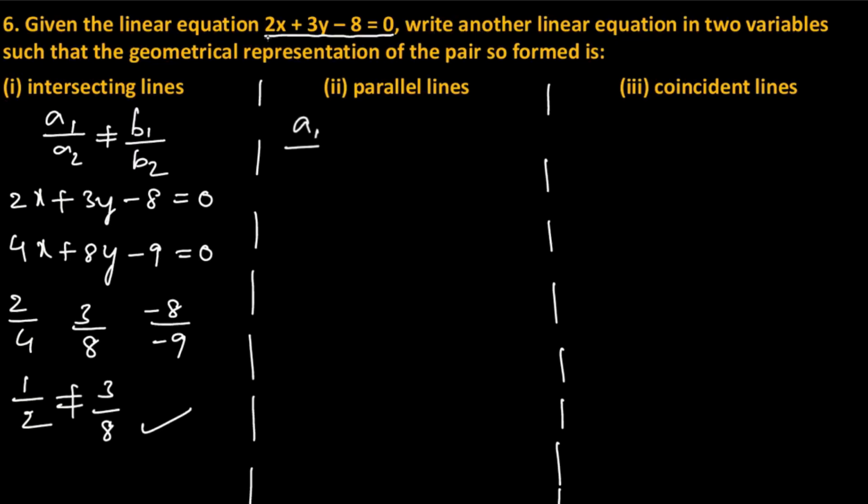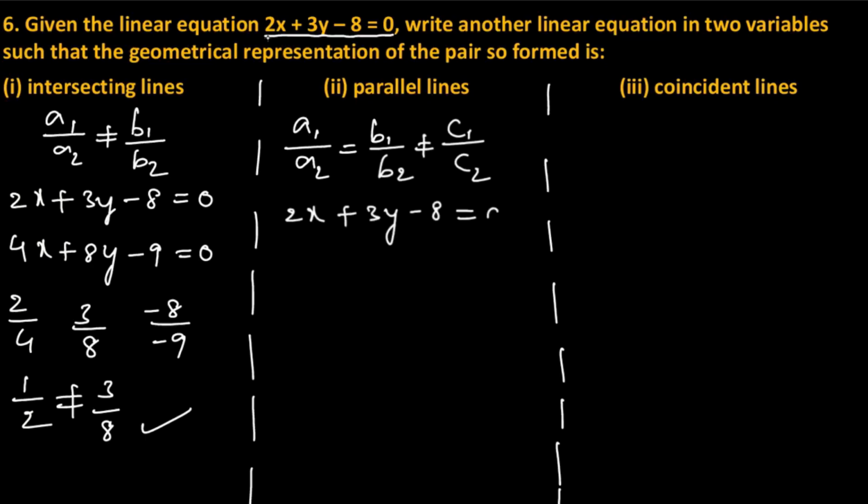For the parallel lines, a1 by a2 is equal to b1 by b2 but not equal to c1 by c2. Our equation is 2x plus 3y minus 8 is equal to 0. So you can consider this as 4x plus 6y minus or plus 9, any number you can write is equal to 0, except the minus 16.